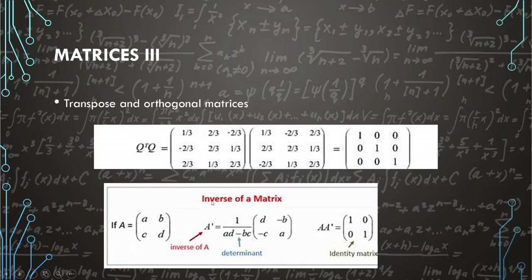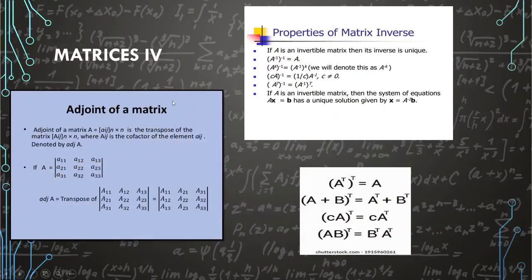Here you can see the inverse of a matrix. A direct formula is there. There are many other ways to find the inverse using the adjoint. You can search those up. So for the adjoint of a matrix, you can see the formula. These are the slides which you can just go through for your revision.